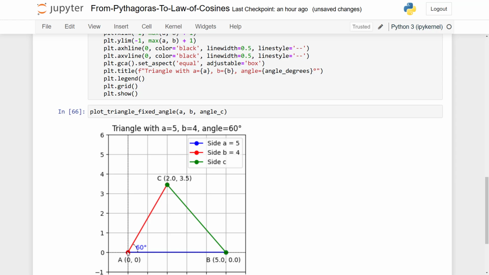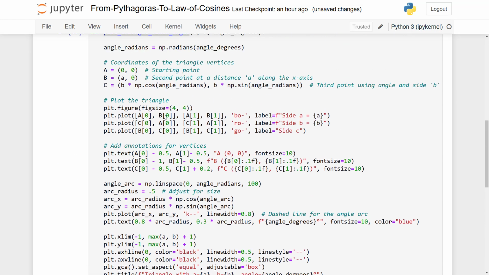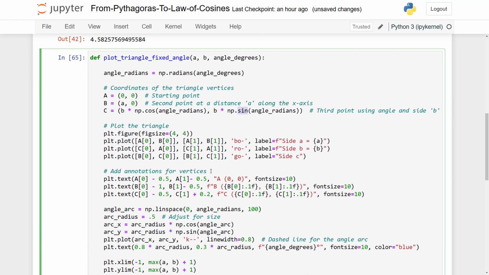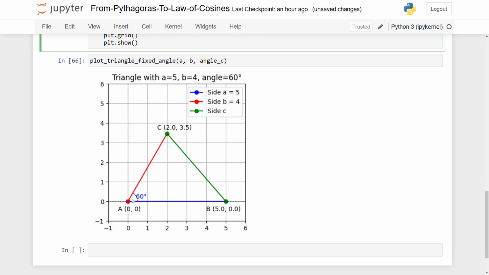Side A is 0, 0, talking about this thing here. And side C is a bit fancier. We're using b times cosine of the angle in radians, and then b times sine of the angle in radians.